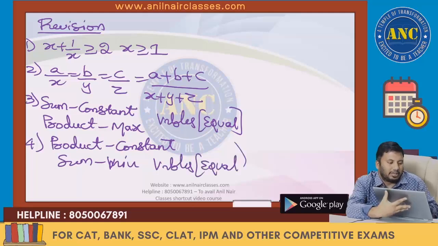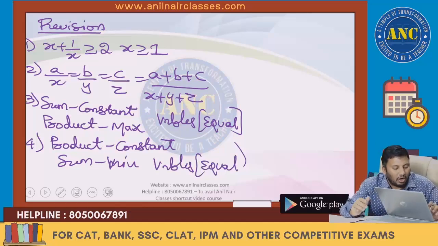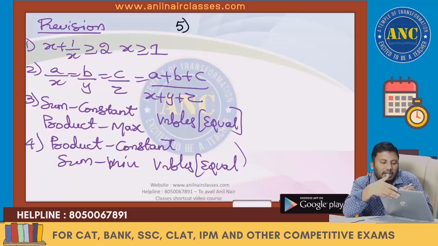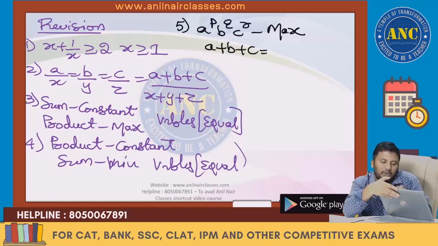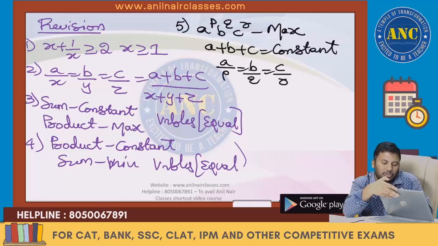All the key points, a lot of examples I did it so that you will not fear looking at a question. A power P, B power Q, C power R is maximum when A plus B plus C is constant and A by P equivalent to B by Q equivalent to C by R. Fifth concept.